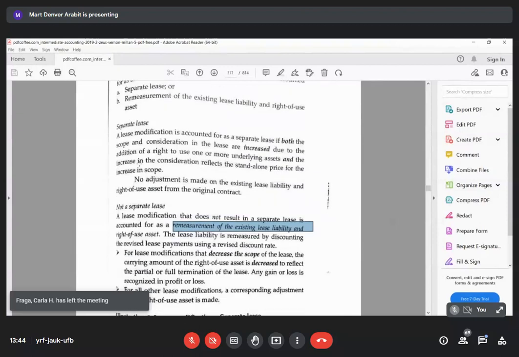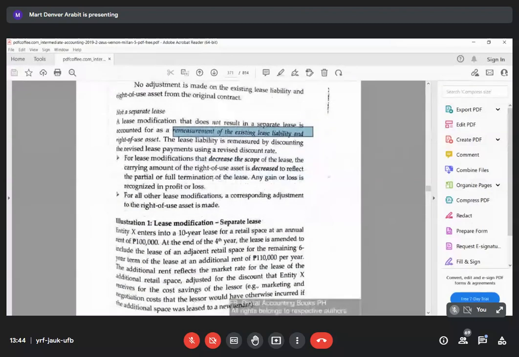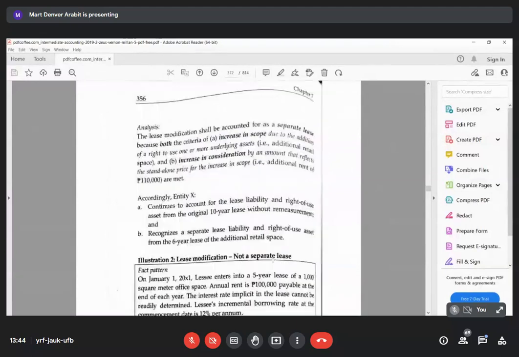There would be an increase of retail space, which is the adjacent retail space, and there will also be an increase in payment, from 100,000 to 110,000. So both criteria are met, and it is considered a new lease, a separate lease.